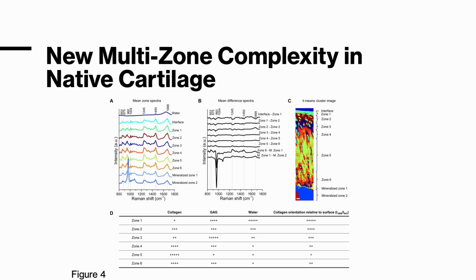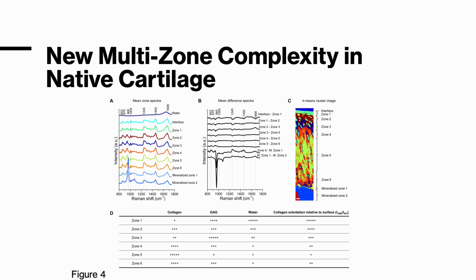For instance, the collagen amide 3 signal at 1245, the GAG signal at around 1410, and even the water and apatite contributions can differ from cluster to cluster. The authors noted that the intensity of the 1668 band, which is sensitive to collagen fiber alignment, changes more than once between the surface and the calcified boundary, indicating extra subzones in what was formerly lumped into the superficial or deep regions.